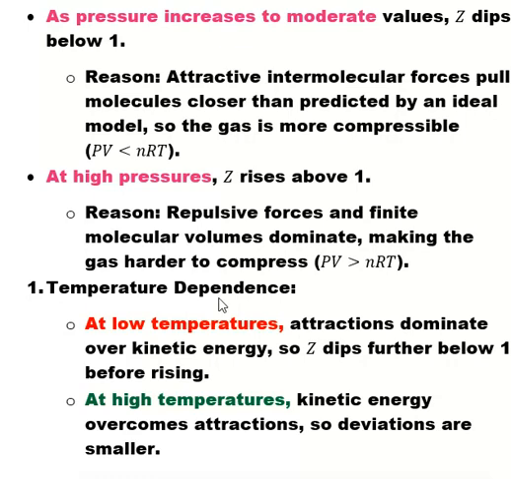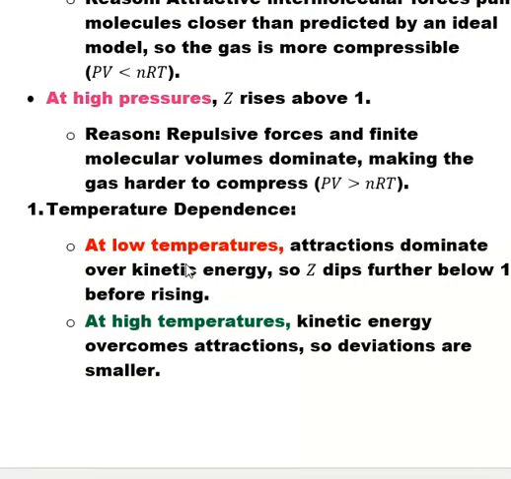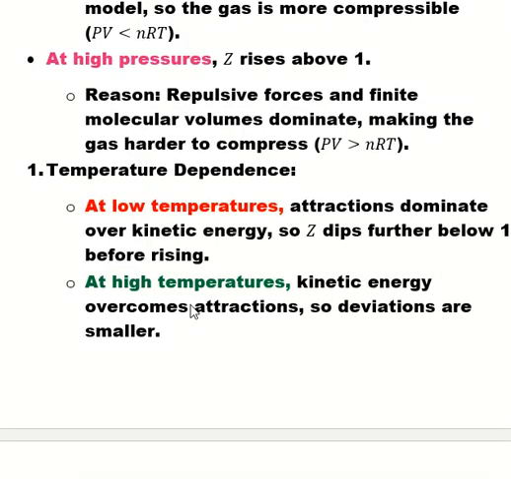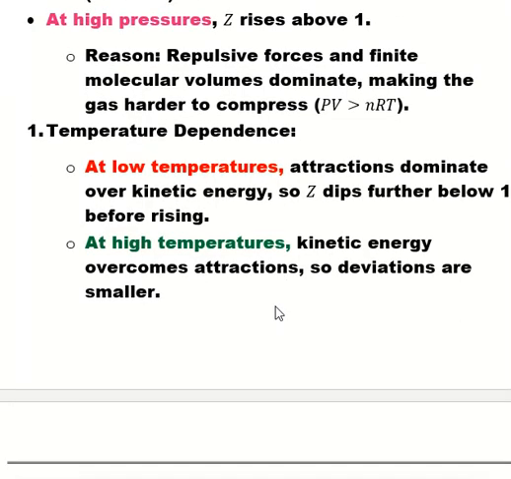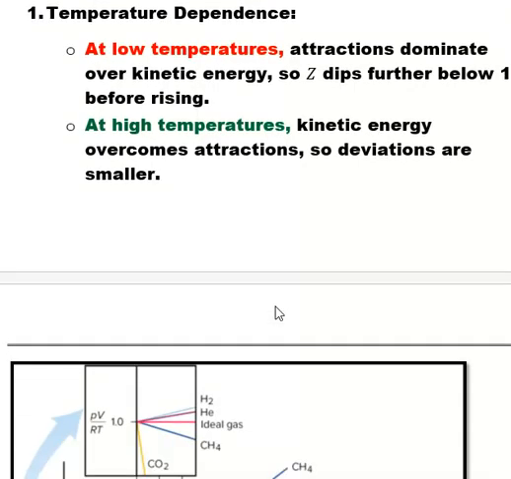When we increase the pressure further, the value of Z increases to greater than 1. With respect to temperature, at low temperatures attraction dominates over kinetic energy, so Z goes further below 1 before rising. At high temperature, kinetic energy overcomes the attraction, so deviations are smaller.